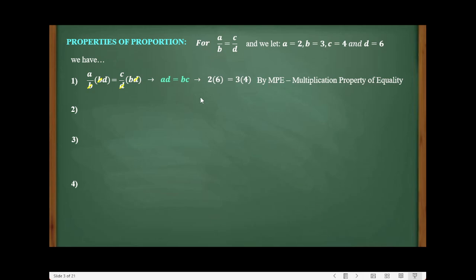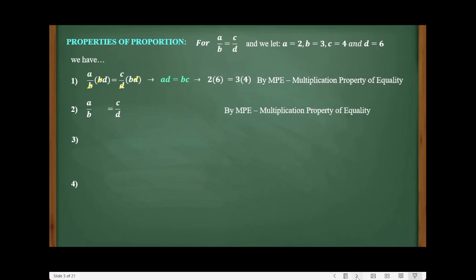Now, if we validate this transformed equation by substituting the given values, that is 2 times 6 equals 3 times 4. Meaning this equation is validated. It's true.